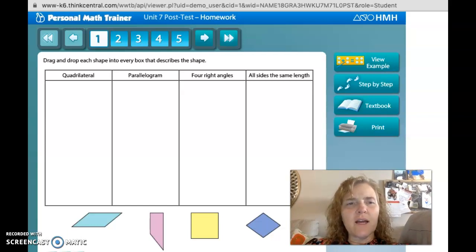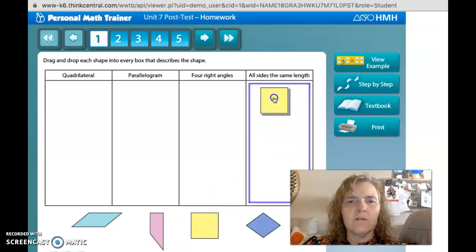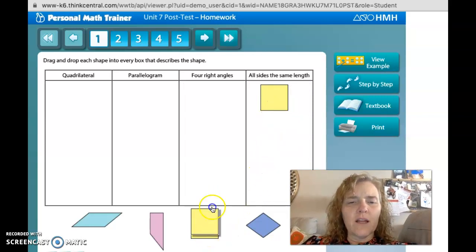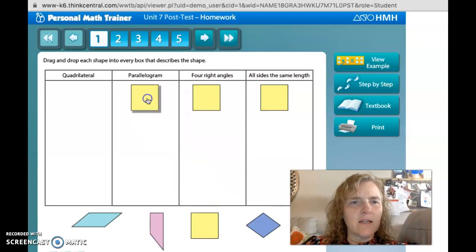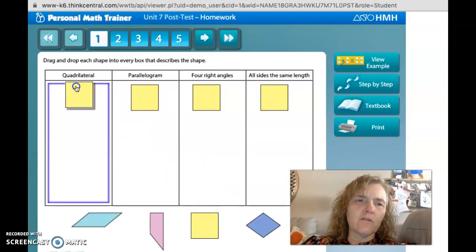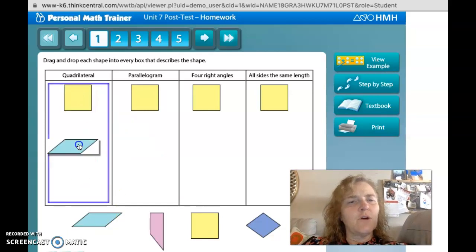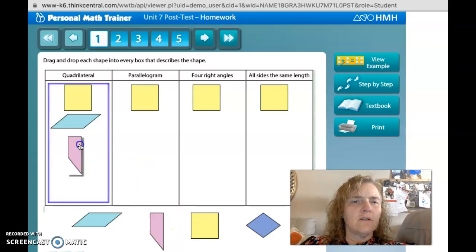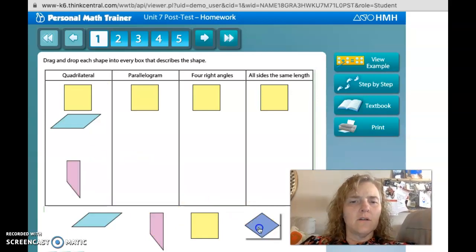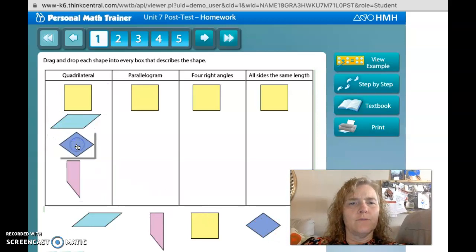All right, it says drag and drop each shape into every box that describes the shape. Okay, so all the sides the same length. Well, let's start with those. 4 right angles, it also has that. A parallelogram also has that, and it is also a quadrilateral. And I imagine we could probably do all of these shapes because they all have 4 sides. 1, 2, 3, 4.